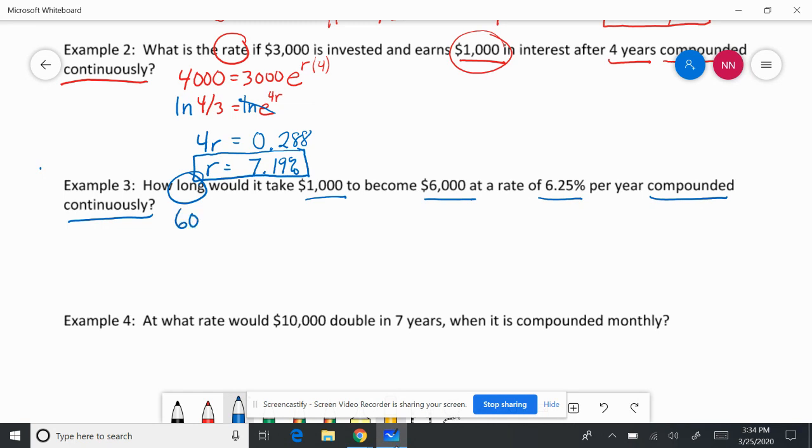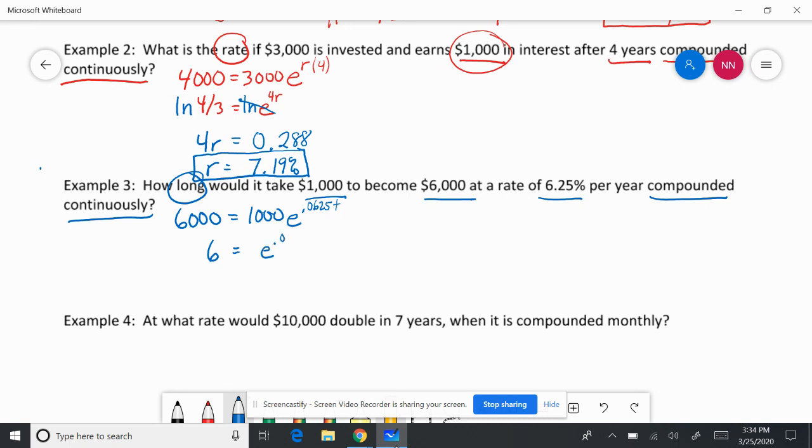So we have 6,000 is equal to 1,000 times e, which is the continuous, to the 0.0625. We turn it into a decimal, and we're solving for t. Once again, I'm going to divide by my initial value, which is 1,000, and that gives me 6.